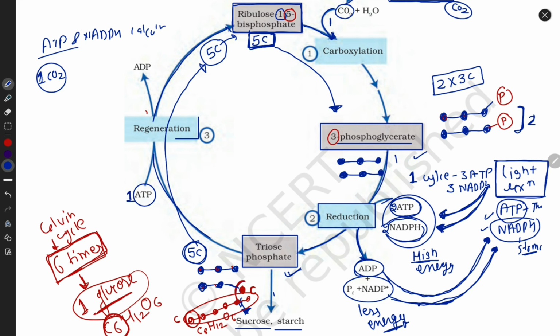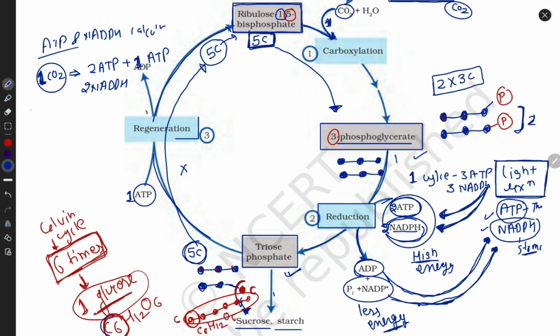I'm repeating, for one carbon fixation we need 2 ATP from reduction and 1 ATP from regeneration. And for one CO2 fixation we need 2 NADPH, but in regeneration we do not require any NADPH. This is the scenario of one carbon, but we need 6 carbon, guys.